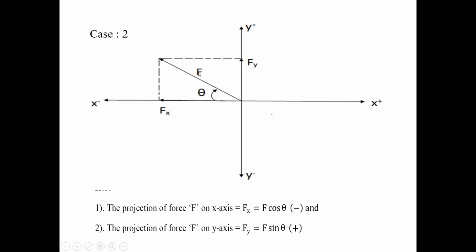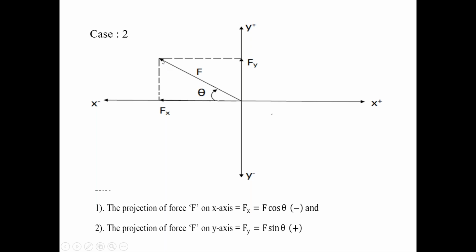Then this force F has two projections. One projection is on x-axis, this is the x-axis projection, Fx. The other projection is on y-axis, Fy. So the x-axis projection is Fx, the y-axis projection is Fy. Check the direction.